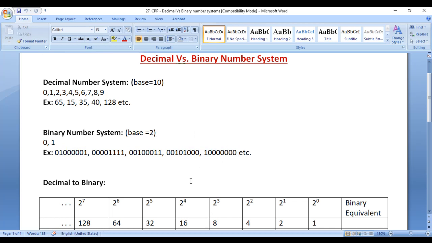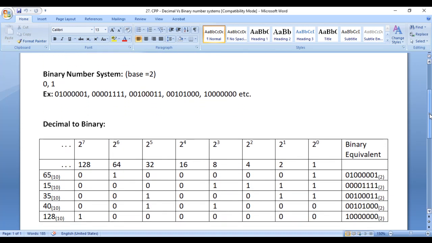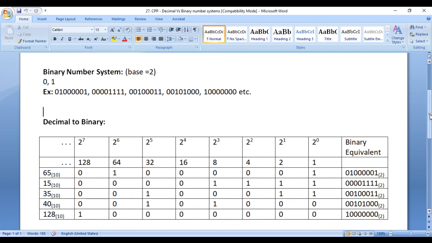So we understood how to convert a decimal number to binary equivalent number, and how to convert a binary number to decimal equivalent number. There is one more way to convert decimal number to binary equivalent number and binary number to decimal equivalent number. For that, we need to remember the 2 to the power series, guys.